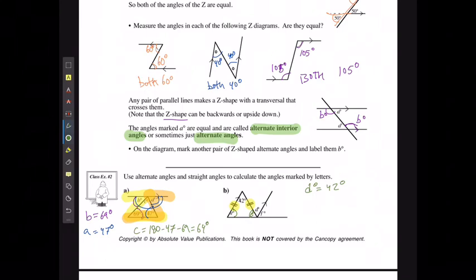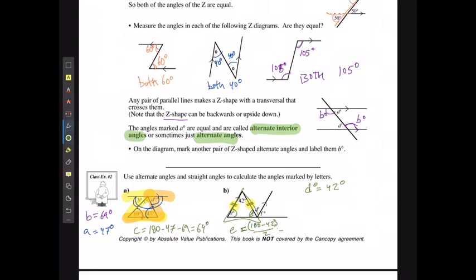Well, if the entire triangle is made up of 180, one of them is 42 and the other two are the same, then I'm going to say that E is going to equal, if I took 180 and I subtracted 42 from that, and then because the other two are both going to be E and are going to match up, I divide the result by 2.